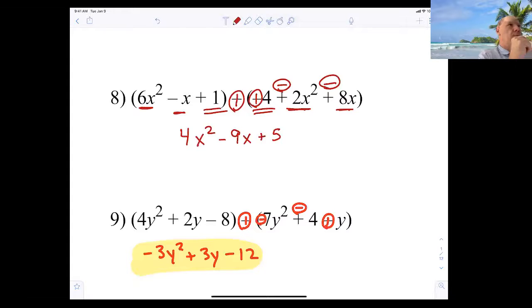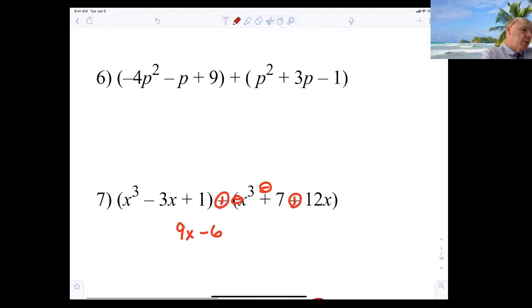Everybody okay with that? Okay, here we go. Again, adding, so it's just combining terms. -3p squared. And remember, if you ever have trouble, just put a 1 there to help you. Plus 2p plus 8.